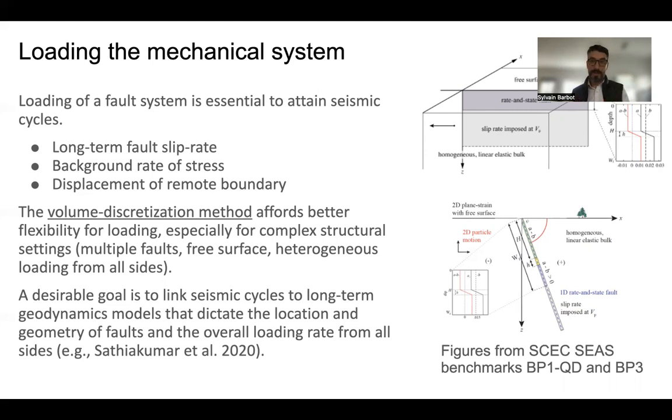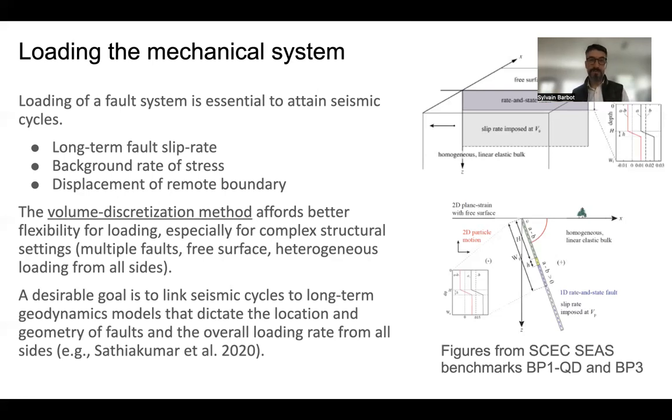And there's typically a mapping between a rate of stress or rate of slip. For volume-based methods, a typical loading is to apply a prescribed displacement at the boundaries. This is presumably the most realistic case and the most amenable to having multiple faults that accommodate this boundary condition in a dynamic fashion.